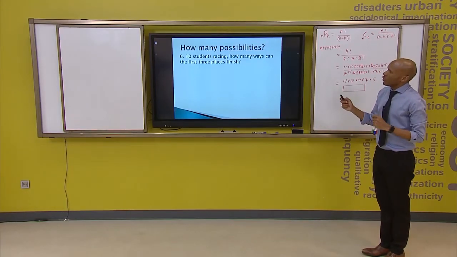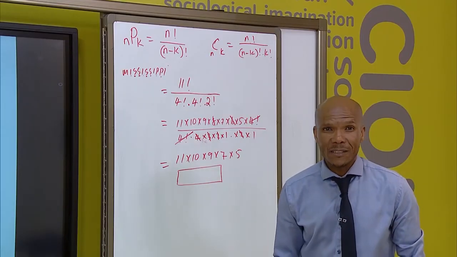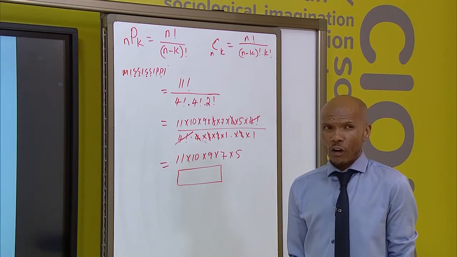You've got 10 racing dogs. How many different ways can the first 3 places finish? You say 3 places, so you've got the first place, the second place, and the third place. The question that you ask yourself: does order matter? Do I have to put them in any order?